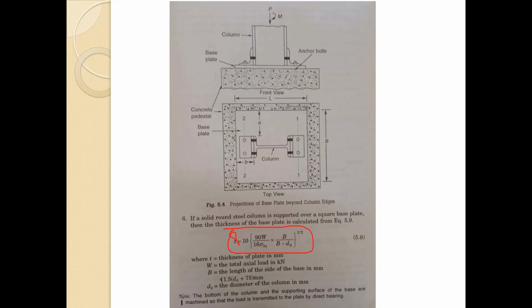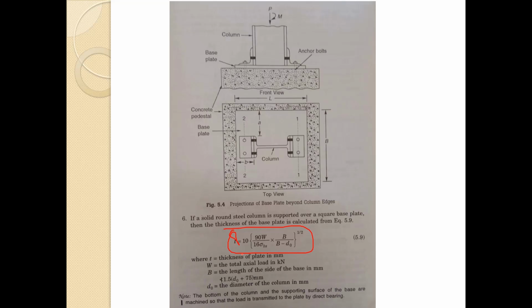That is T equals 10 into bracket 90W divided by 16 sigma bs into B divided by B minus D0, raised to the power half, that is under root, where T is the thickness of the plate in mm, W is the total axial load, B is the length of the side of the base in mm, which should not be lesser than 1.5 into D0 plus 75 mm, and D0 is the diameter of the column in mm. One more note has been given over here.